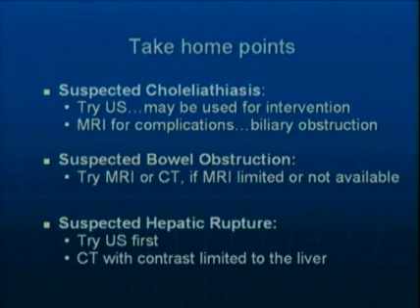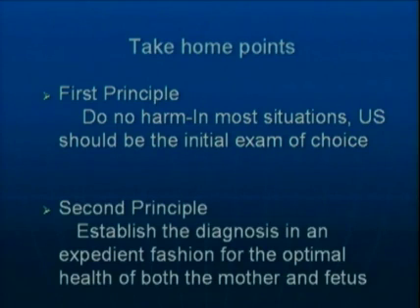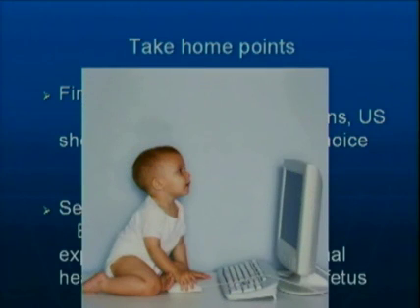I think with a few exceptions, maybe hepatic rupture, bowel obstruction, MRI or CT may have to be used in these cases. Again, what we're trying to do is do no harm to the fetus, and in these cases, ultrasound should be used, especially in the first trimester. However, if we really have to, and we have to think about the optimal care of both the mother and the fetus, we may have to go ahead and use CT in these cases so we can end up with this at the end of the road.